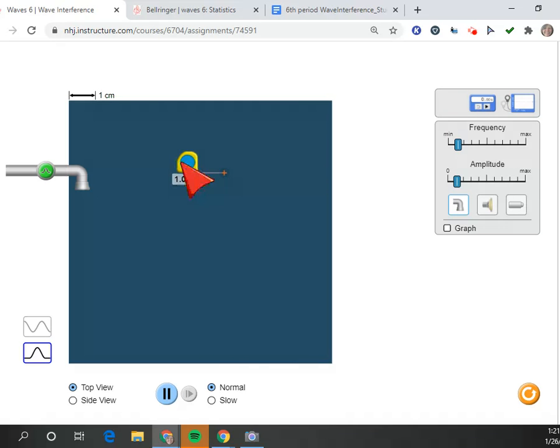This is going to measure the wavelength of the wave. So if I put it right here at the beginning, see how long it takes until it comes back up. Okay, right there. So the frequency, what if I change this frequency?